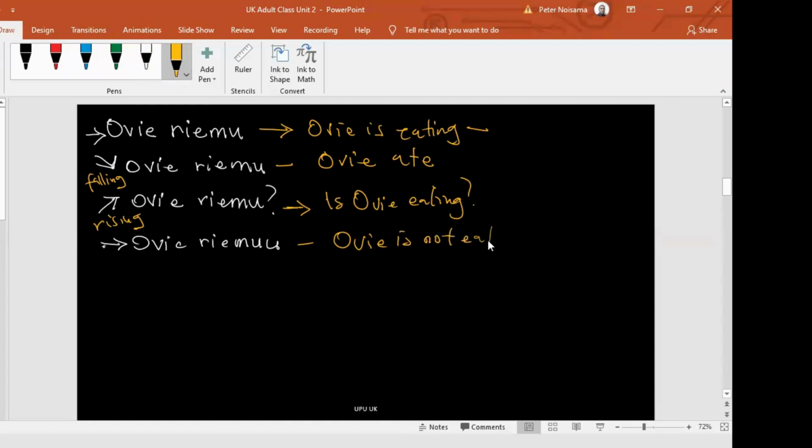Those first two are the ones that are difficult because the question one, it just rises. So the first one is like this, and then the second one is like this. Good.